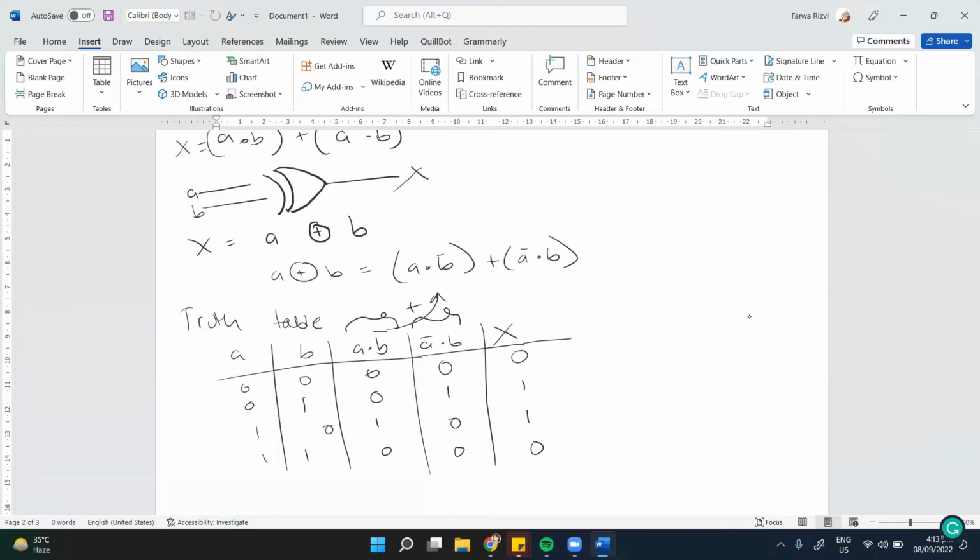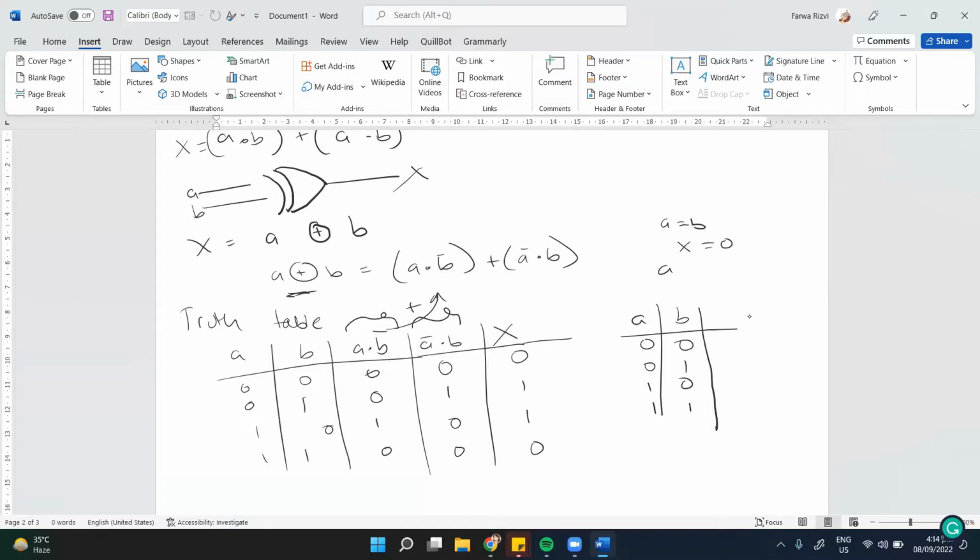Now, this was the expanded version of the truth table, right? You have two extra columns inside, and you have to find B bar and A bar as well in the middle. Now, if we want to make it directly, there's a shortcut. So basically what the XOR gate does for us is that if the inputs are the same, if A is equal to B, then the output X is equal to 0.